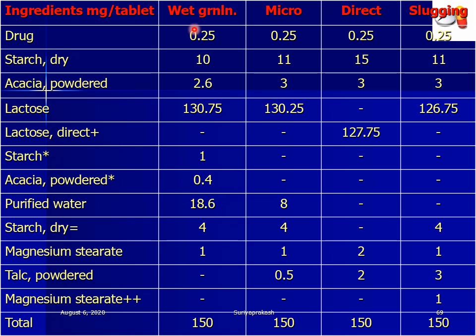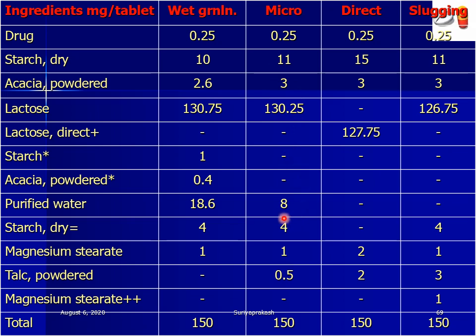After granulation work is over, dry starch and magnesium stearate powder are used as glidants and lubricants. These two powders are mixed with the dry granules. So this is the way we are preparing the wet granulation. In the case of micro granulation, it is similar. Initially the drug is taken powdered well, right?